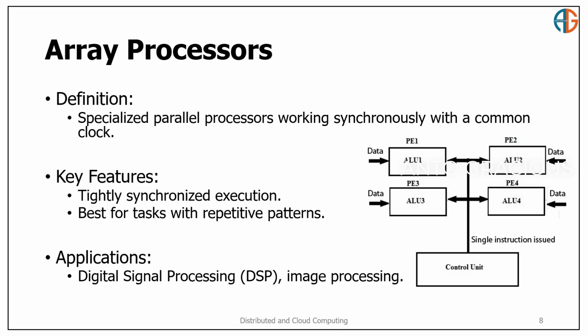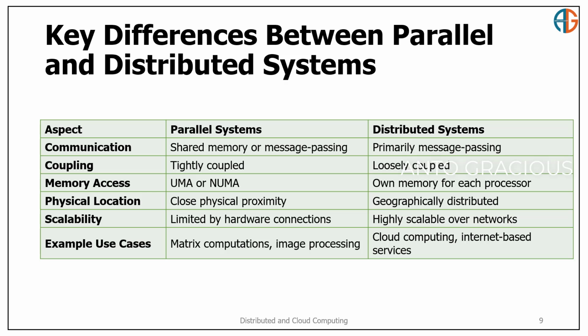Key differences between parallel and distributed systems. Now let us look at the key differences between parallel and distributed systems. While both systems use multiple processors or computers, they have fundamental distinctions in architecture and operation. Number 1. Communication.